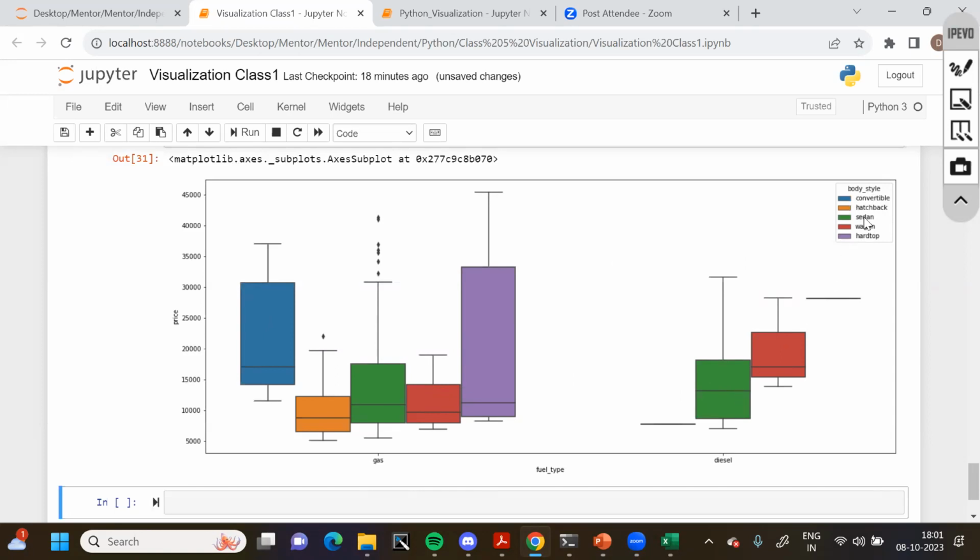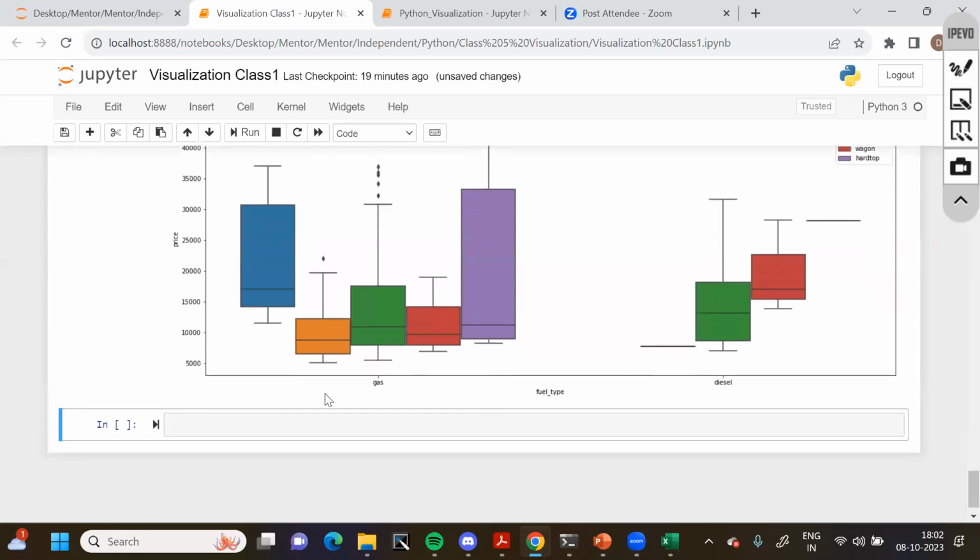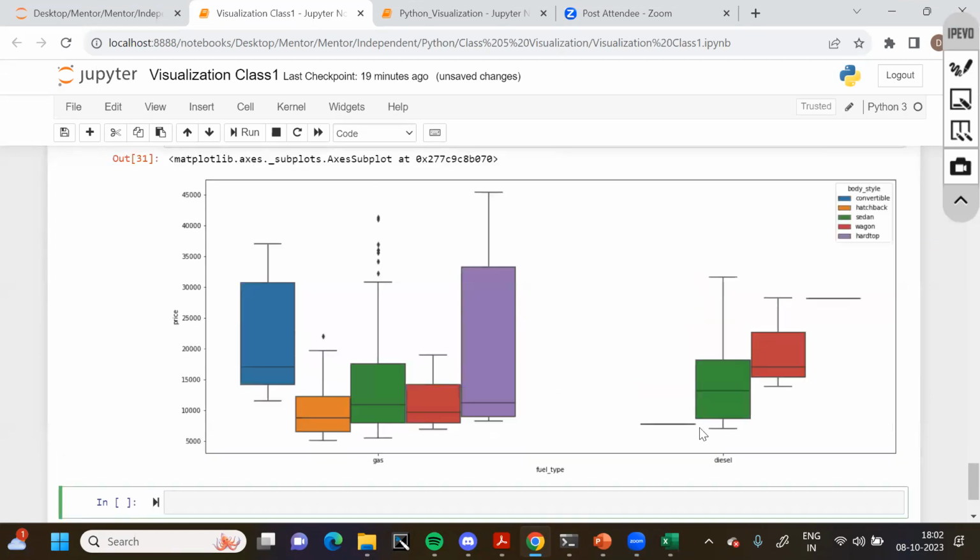Then the green one is sedan. There is something else, and I'm not able to recognize it, so we will check it. Important point is that we can check it, right?